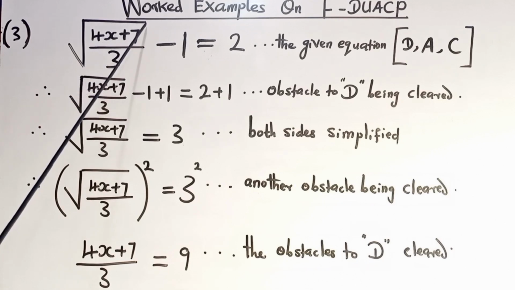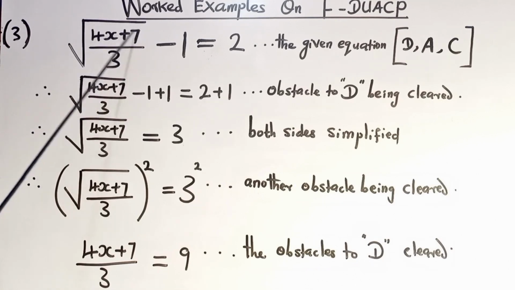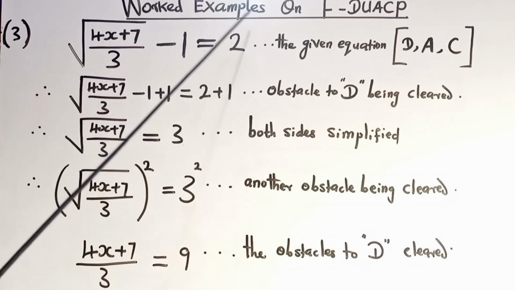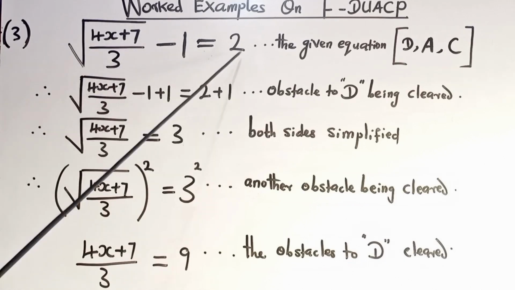It says square root of 4x plus 7 all over 3 minus 1 is equal to 2. Watch this equation again. What skills do you think will be applied while you solve it?